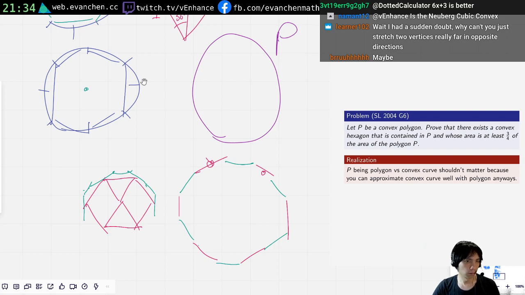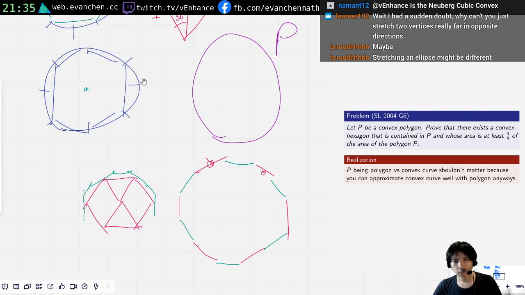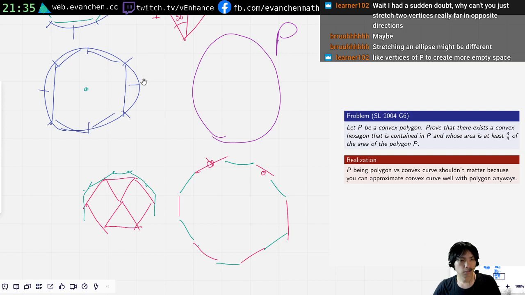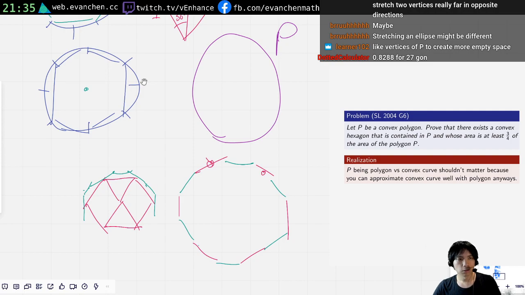Like, stretch vertices of P to create more empty space.